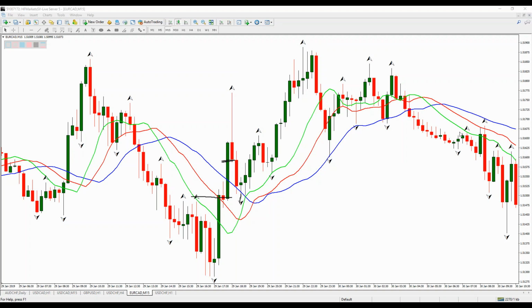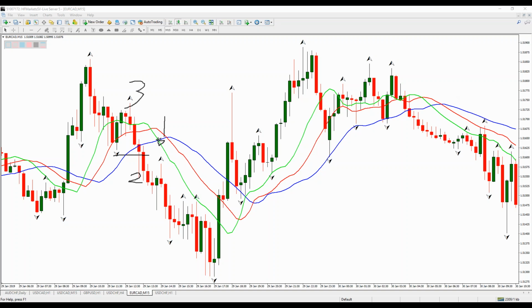That is the risk of the fractal and the alligator. Both are lagging indicators. But if we know how to manage it like this one, okay, this is rule number 1. This is rule number 2, confirm. This is rule number 3.